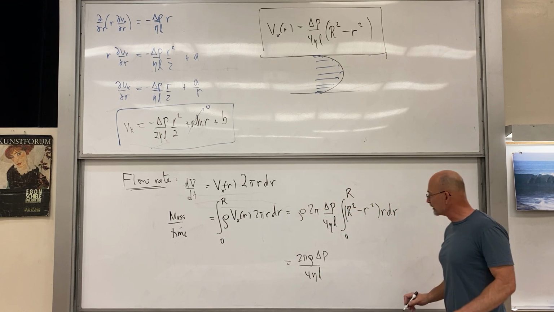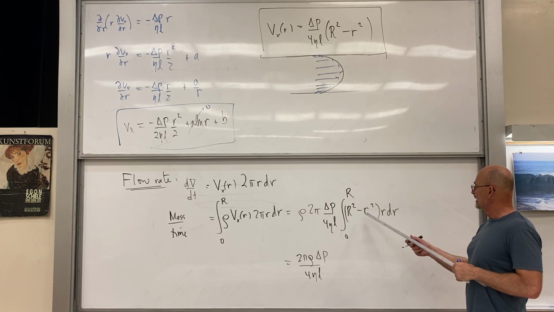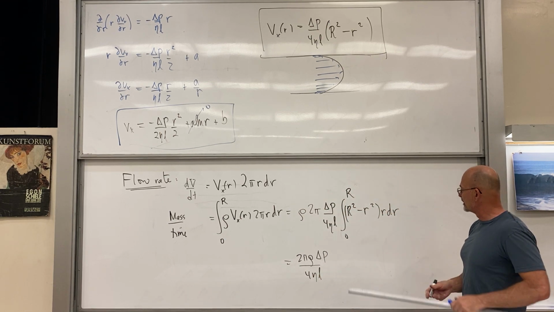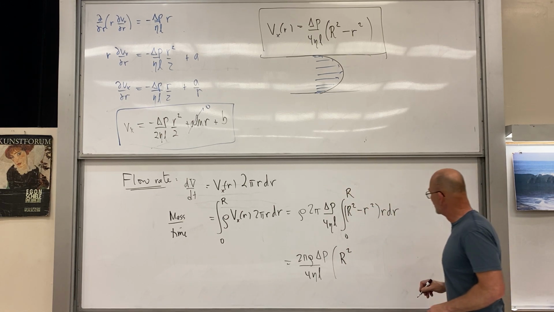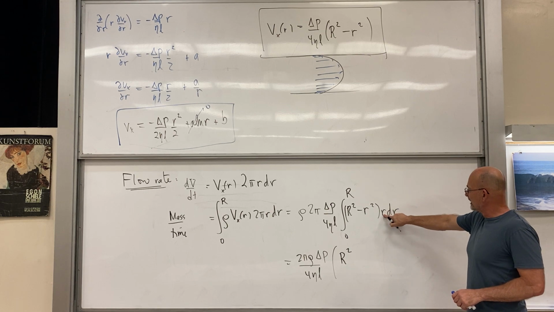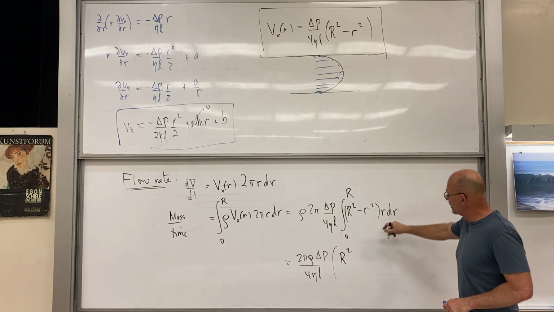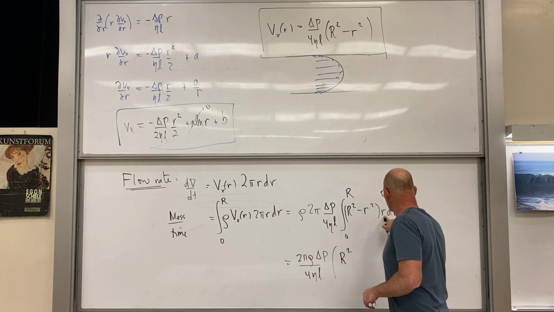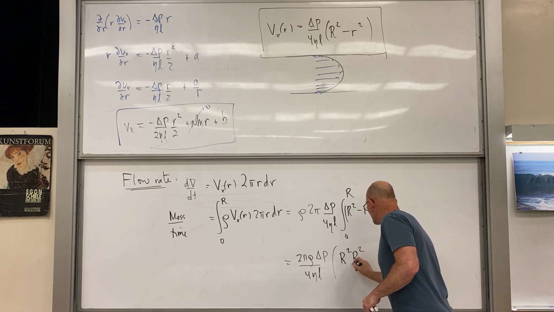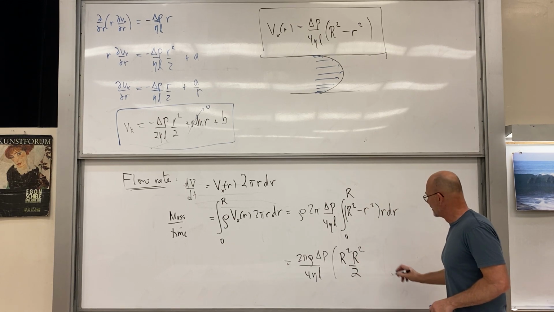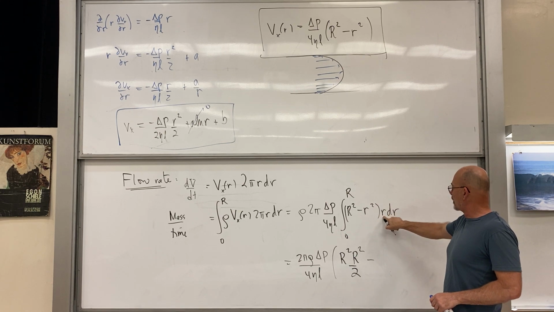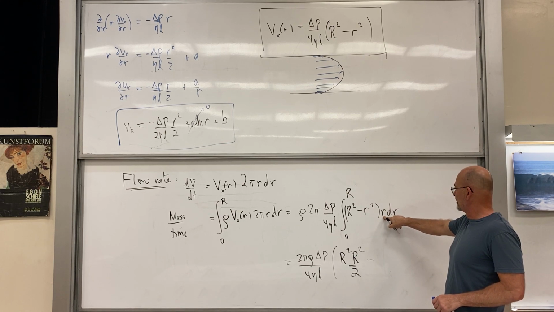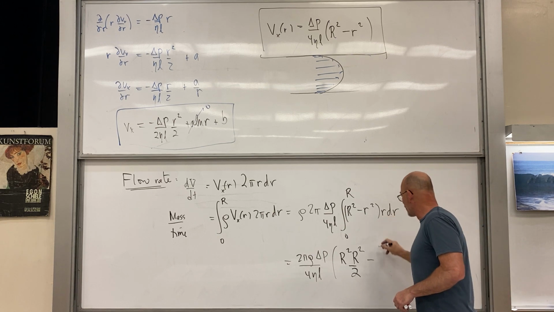Let's see if we can just see what's going to happen here. Here we're going to have capital R squared, and then another R squared over 2 from this linear one. And here we're going to have minus r cubed, so minus R to the 4th over 4.